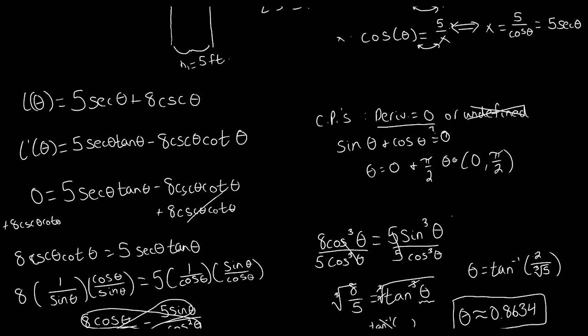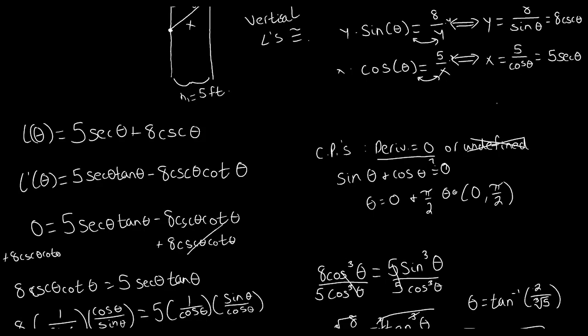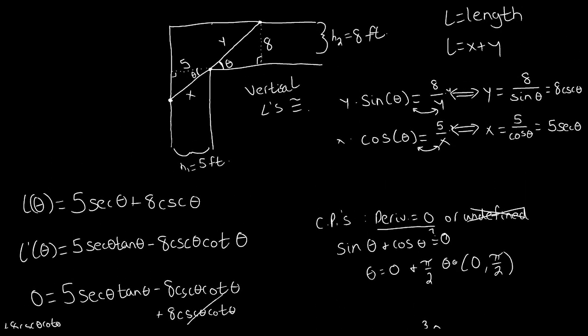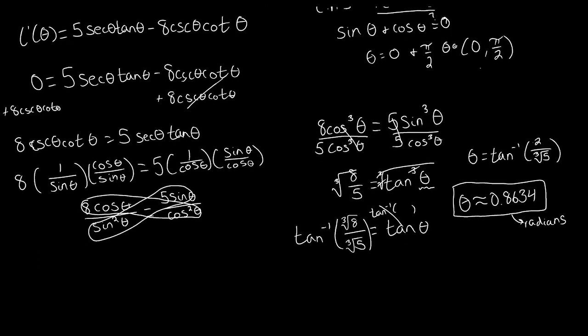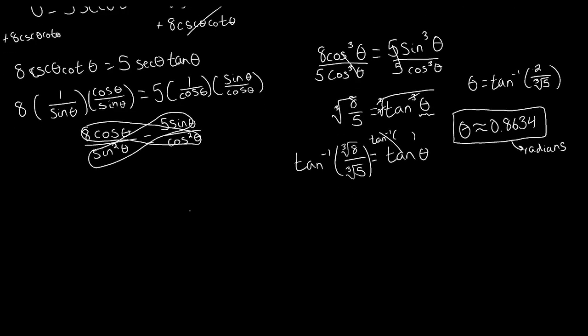So now that we found theta, we remember how earlier we talked about x and y in terms of that theta measure, right? So what we need to do now is figure out what x and y exactly equal, and then once we figure that out, we can figure out the length of our curtain rod. Okay, so we said that length equals x plus y, where x is equal to the function 5 secant theta, plus y, which was 8 cosecant theta, right?